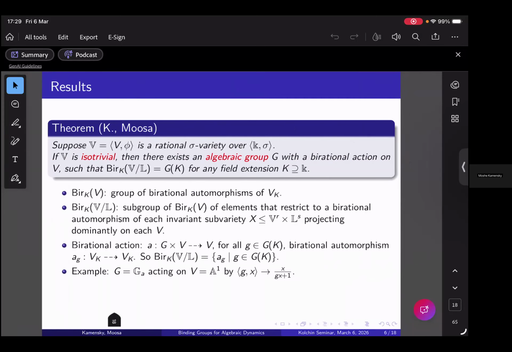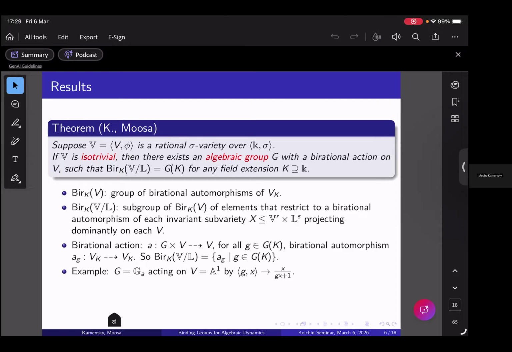So this example is not an example of the theorem. It's just an example of a birational action. You see, the additive group has an obvious action on A^1, but it also has this action on A^1, which is not regular.